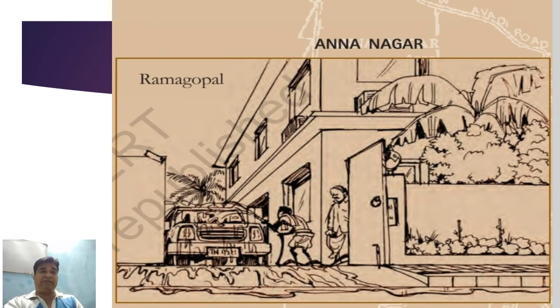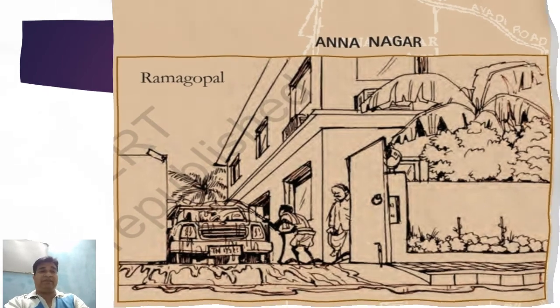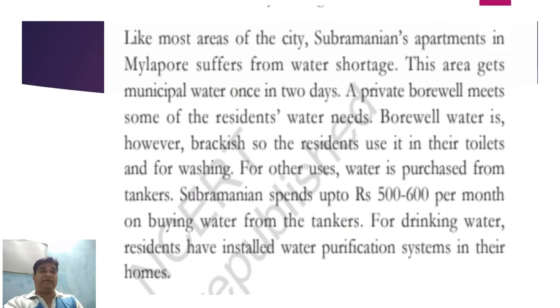You can see in the picture, this is the bungalow of Mr. Ram Gopal, and how he is using the water you can see in the picture. Now another example is Subramaniam's apartment. In his apartment also there is a water problem.